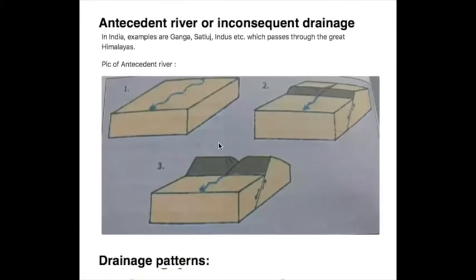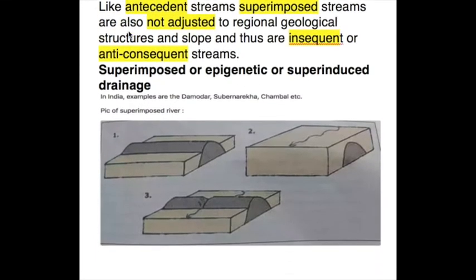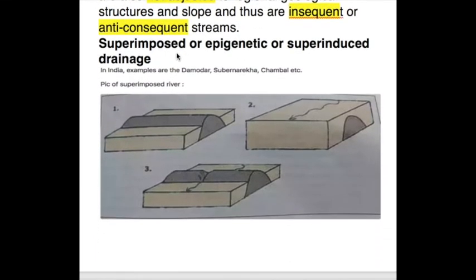Now moving to the second important term, antecedent river or inconsequent drainage, meaning insequent river. How is antecedent different from superimposed, although both are insequent?